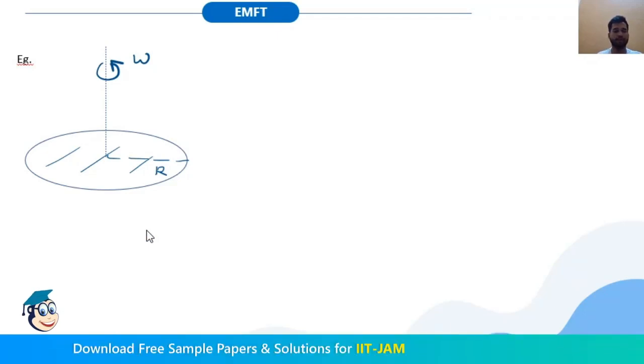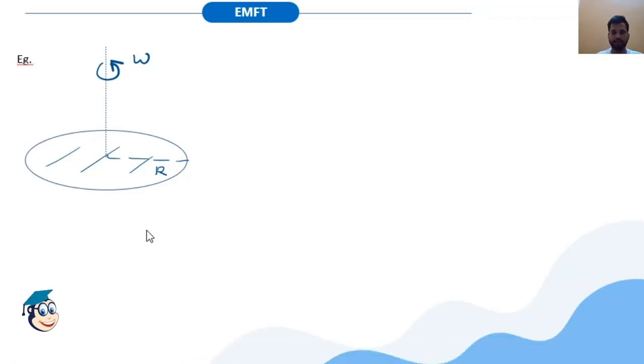Let's say it is rotating in this sense as shown in the diagram. So what would be the direction of the magnetic moment in this particular case? You can again calculate by using the right hand thumb rule. If you curl your fingers in the direction of this omega, then your thumb will show the direction of the magnetic moment. So here also the magnetic moment would be in the z direction, perpendicular to the plane of the disk.